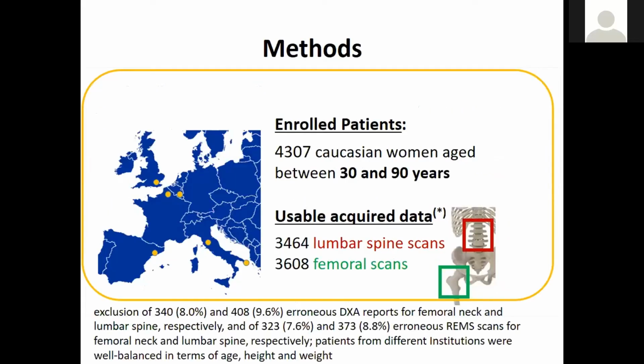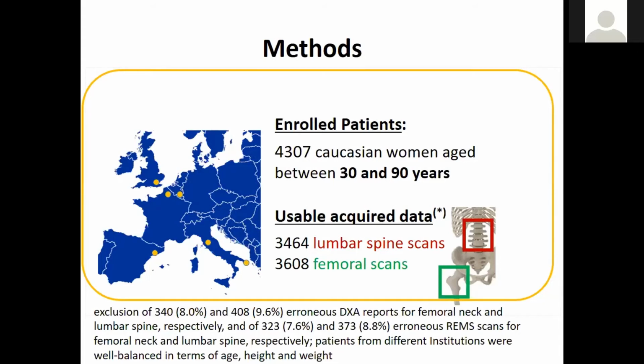So I mentioned that obviously there was an element of data cleaning. I told you that 4,307 women were enrolled, and here you can see the number of usable scans: 3,464 lumbar spine and 3,608 femoral scans.